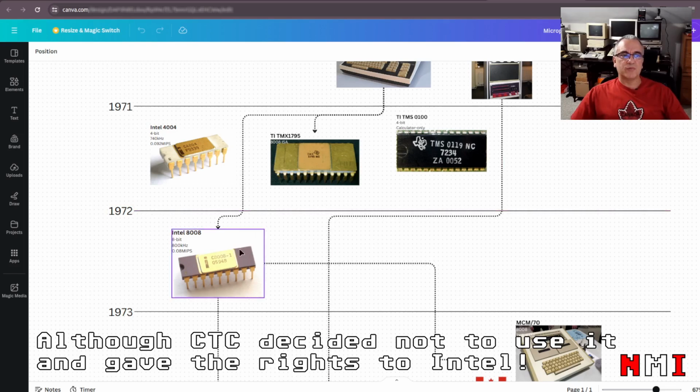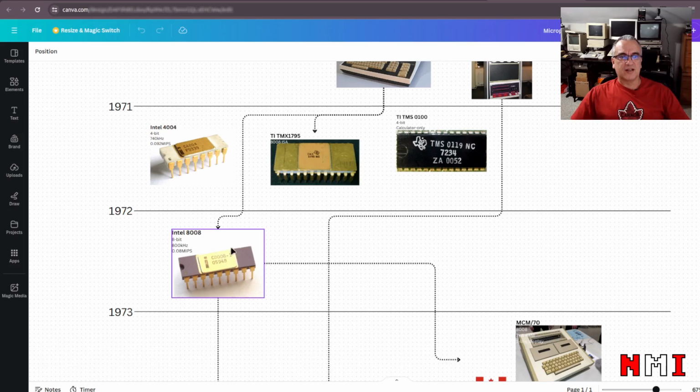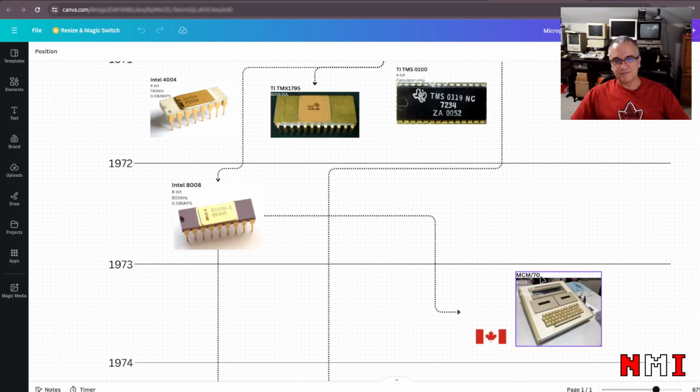And while researching the 8008 a couple years ago, I found that one of the early adopters of the 8008 was the MCM 70.